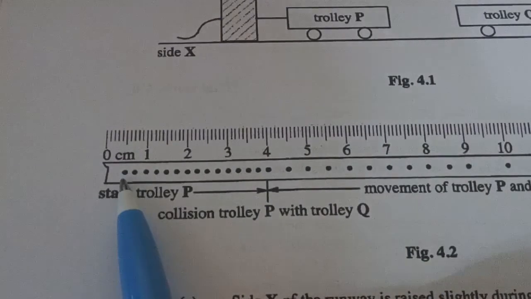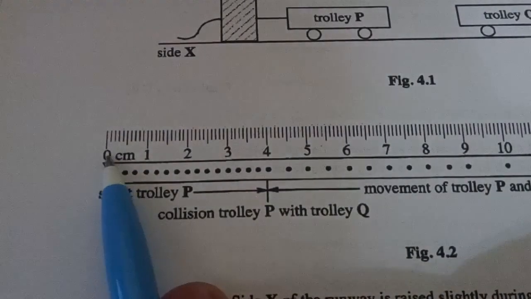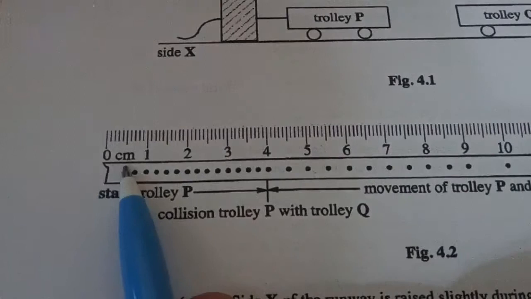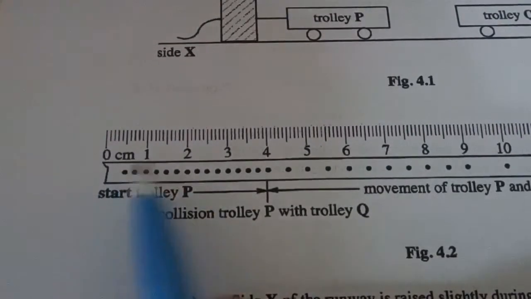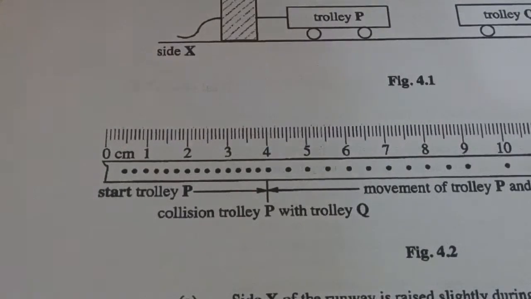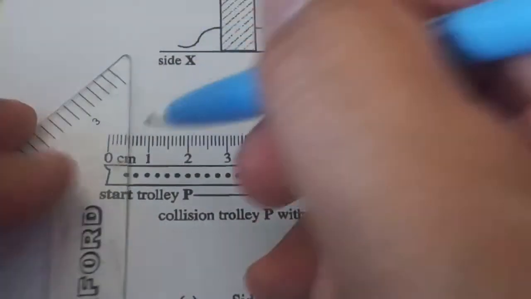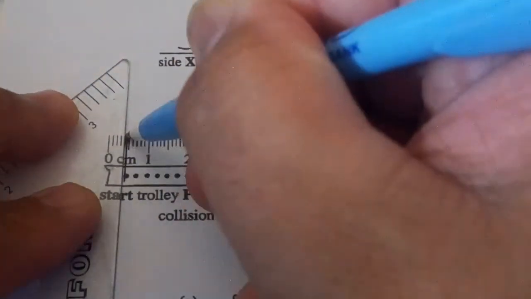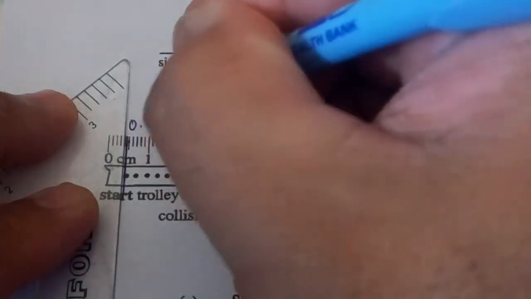Now it starts here. It didn't start at 0. Always remember, you need to check the ruler. It didn't start at 0, so I'm going to draw a line in here, and that refers to it starting at 0.5 centimeter.